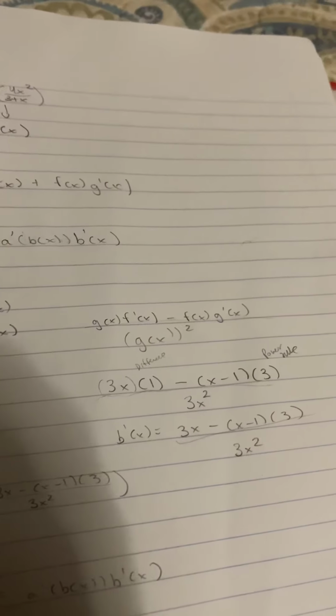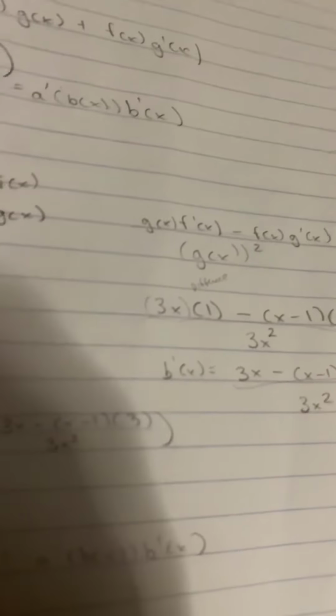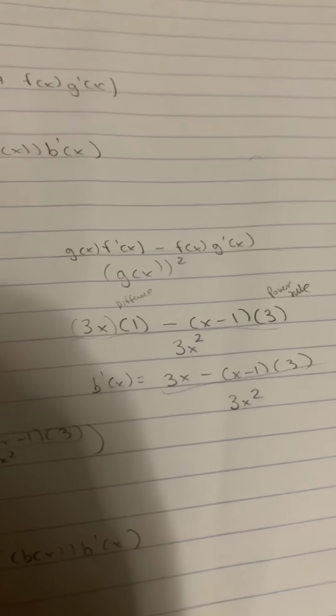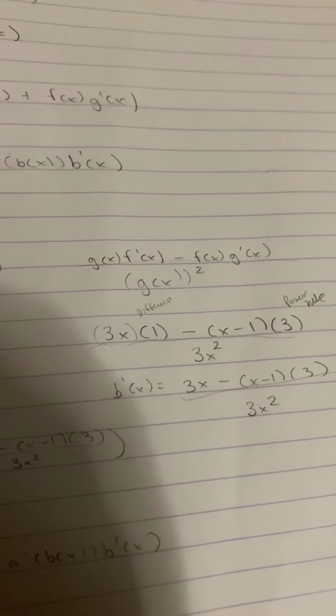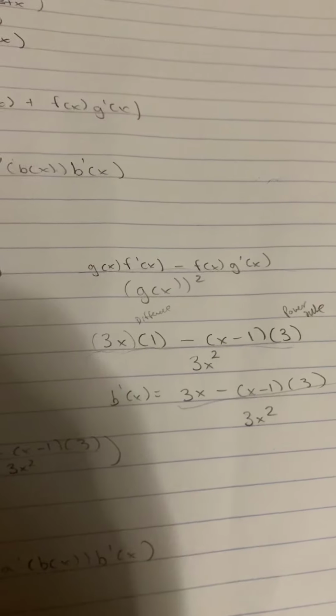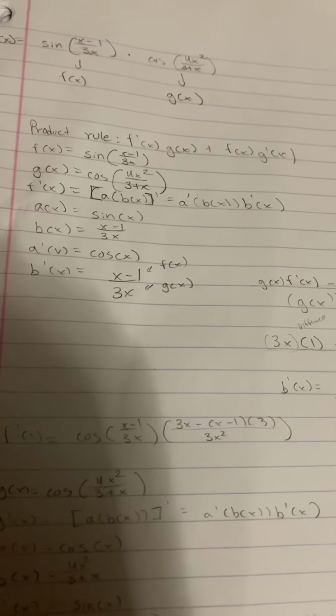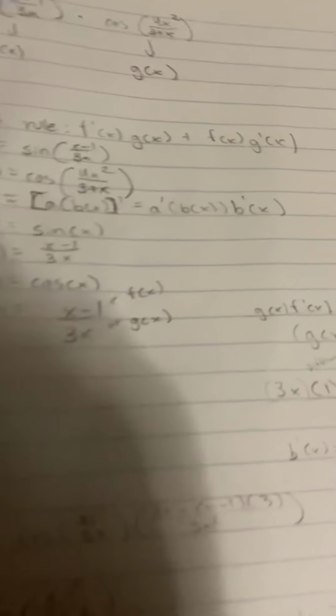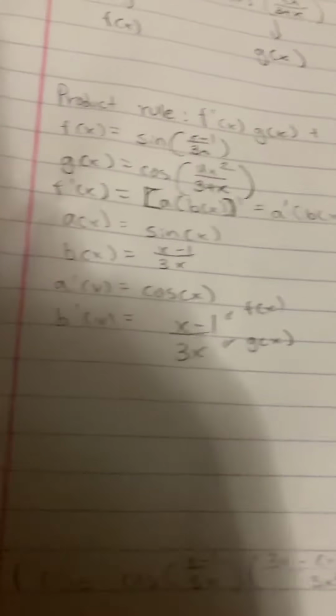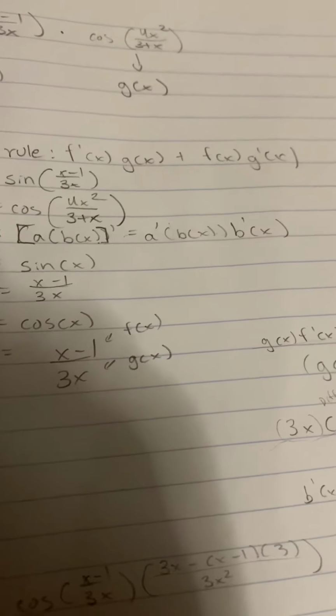Okay, and I simplify it a little bit. 3x times 1 is just 3x. So b prime of x is 3x minus (x minus 1) times 3, over 3x squared. So now we got b prime of x. Now let's follow the chain rule that we did earlier. We got a prime of b of x.